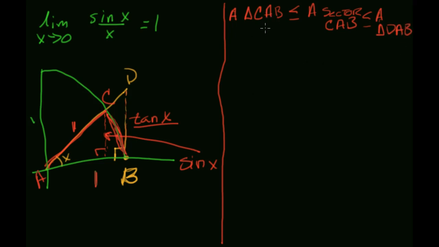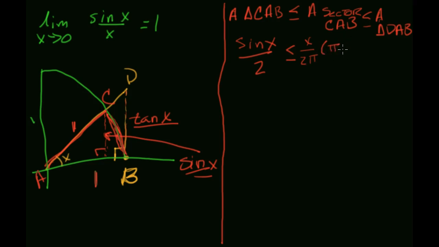Let's work this out. The area of this triangle is half base times height. Half the base, which is 1, times the sine of x, its height, so sine of x over 2. That's the area of triangle CAB. The area of the sector is going to be x over 2 pi, because it's that portion of the circle, times pi times the radius squared.